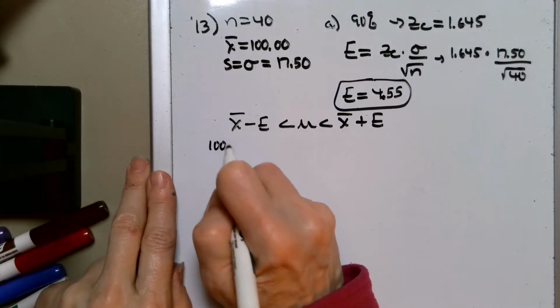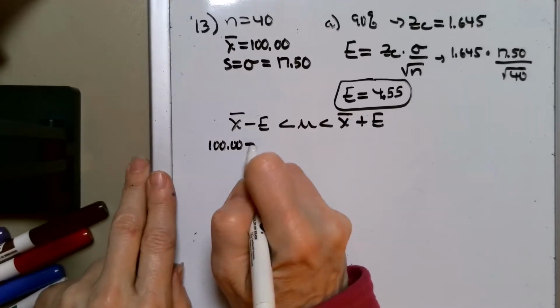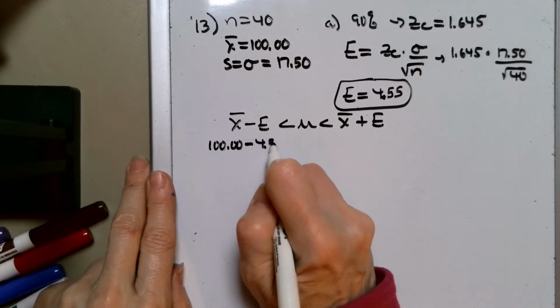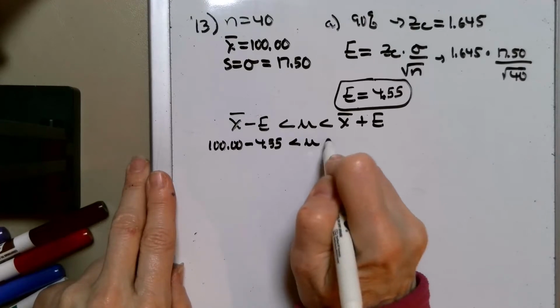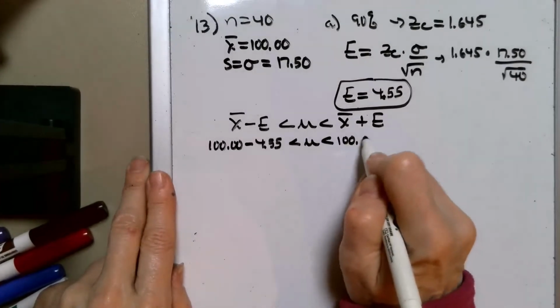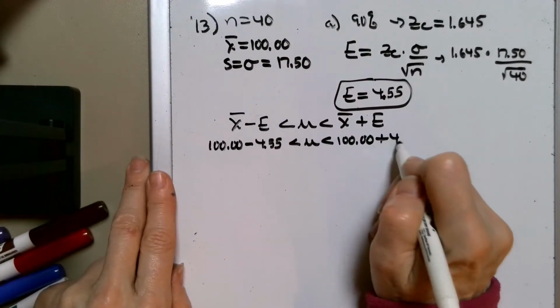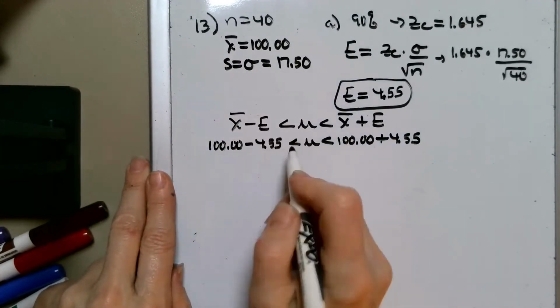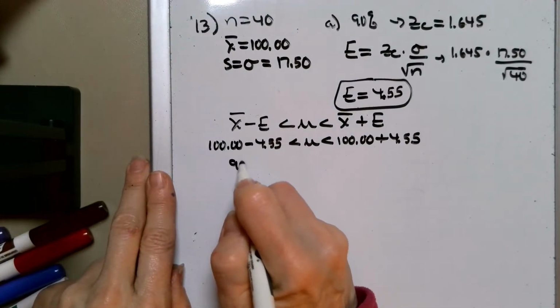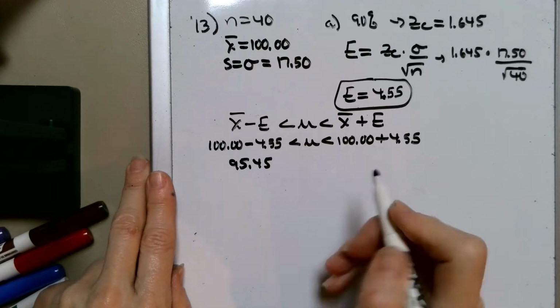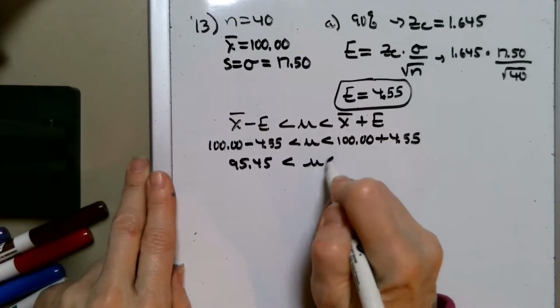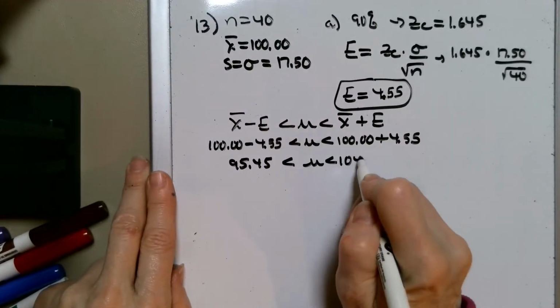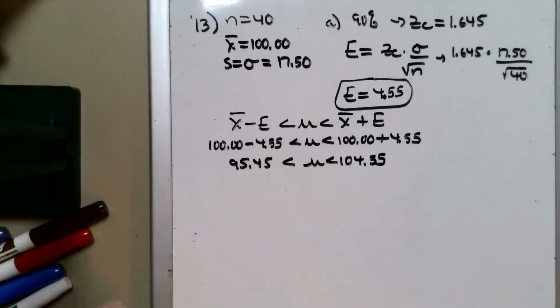So x bar, $100, minus e, we just calculated $4.55, less than mu less than x bar, $100, plus e, $4.55. So this is going to give me $95.45 is less than mu is less than $104.55.